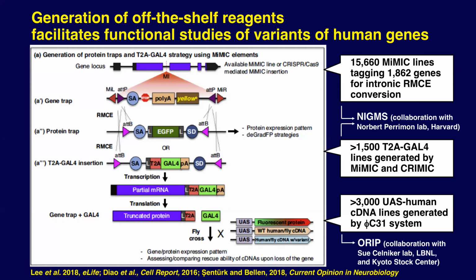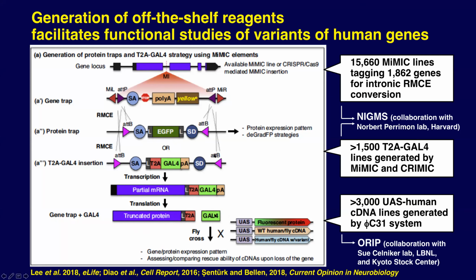where that protein is tagged with GFP. We can also replace the MiMIC insertion with another exon that was developed by Ben White and his team, where you integrate a splice acceptor T2A Gal4 splice donor. And so what this does is will truncate the transcript, but during the translation, the Gal4 will be produced and the amino-terminal portion of the protein will be truncated.